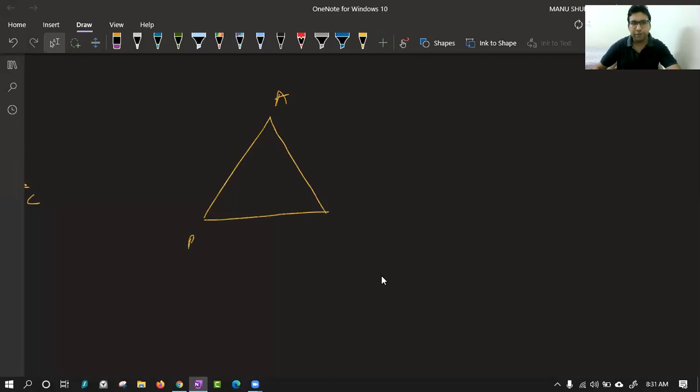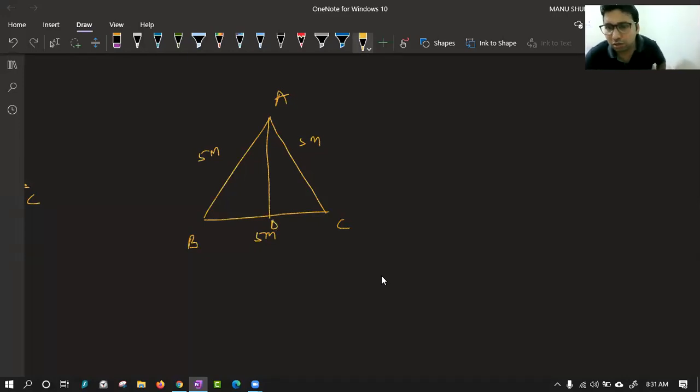A, B, C. Suppose this is 5 meters, 5 meters, 5 meters. This is a median, suppose. Class, if AD is a median, in equilateral triangle centroid, that will be their ratio. But I will discuss, don't worry for that.